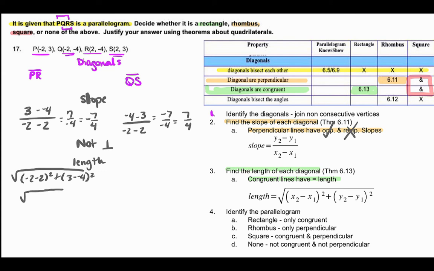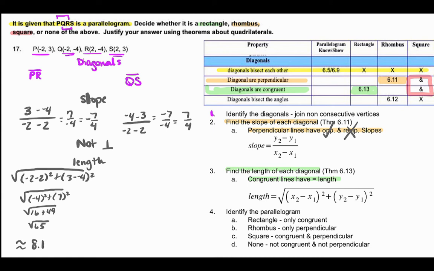So this is going to be -4 squared plus 7 squared to get 16 plus 49. So this is the square root of 65. We can leave it as the square root of 65, or you can use a calculator to estimate it. Just make sure that you round the same place both times. So this is approximately 8.1.